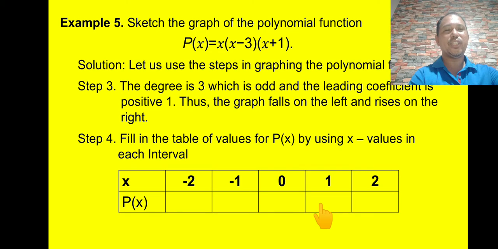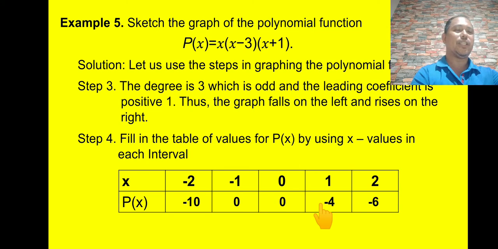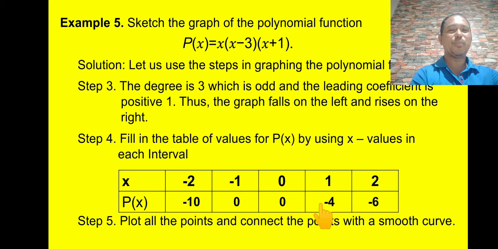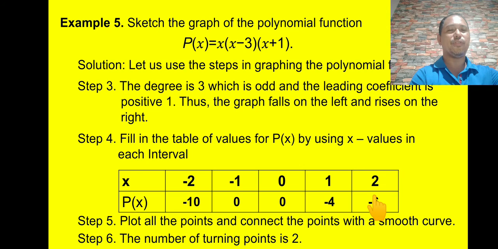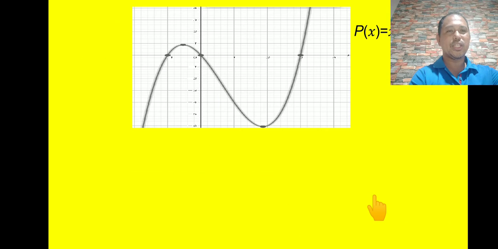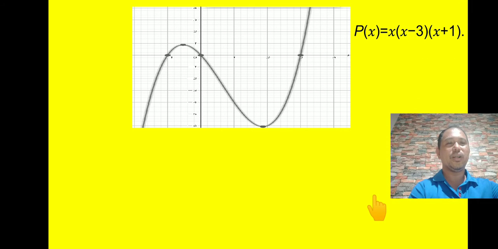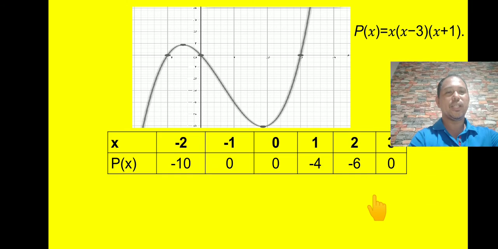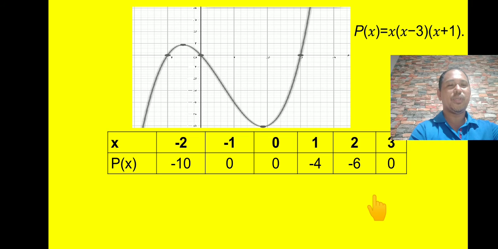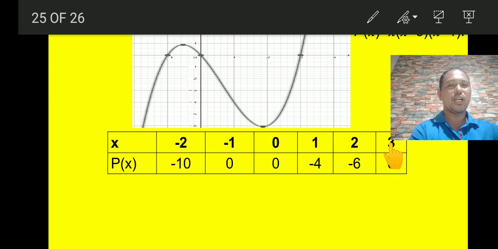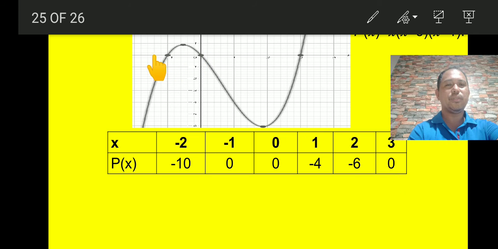Okay, so you have here, all you have to do is to substitute and simplify. Then we got the answer. Okay, so plot all points and connect points with a smooth curve. And the number of turning points is 2. Okay, so you have here, then I add, x is 3, which is 0 because there are 3, no?